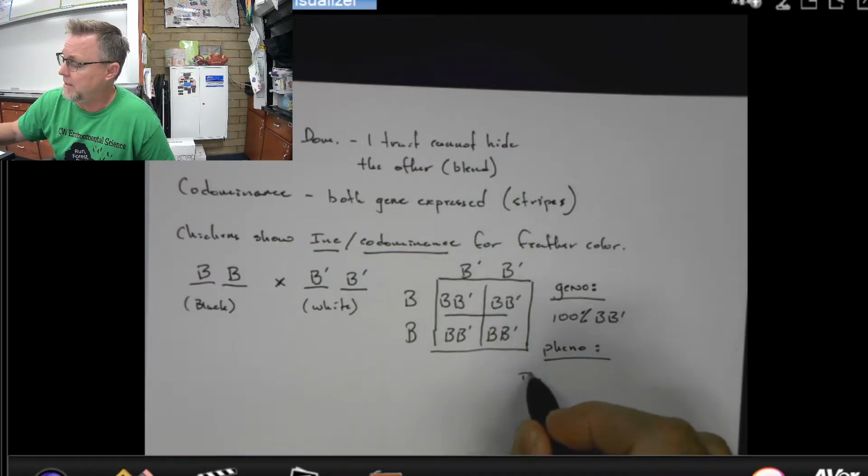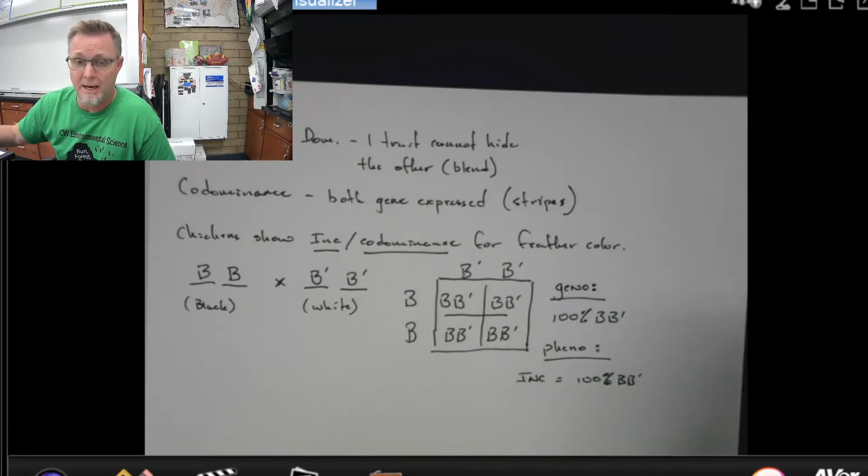Well, if it was incomplete dominant, then the genotype would be 100% big B prime, and our chickens would probably be gray. Okay?